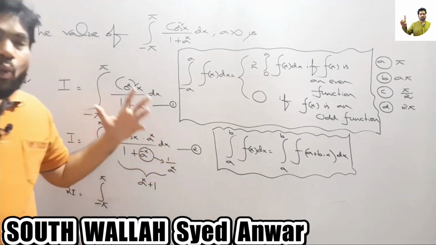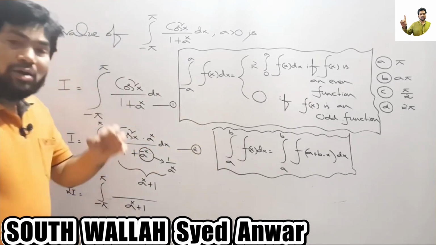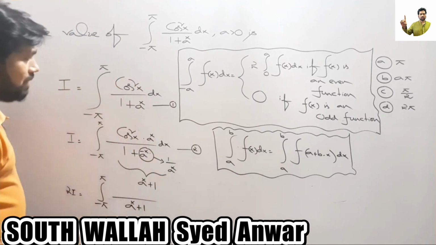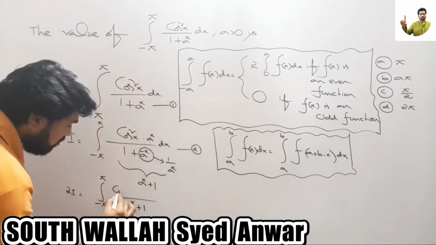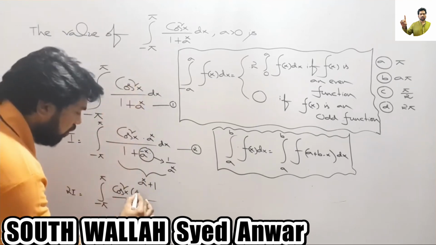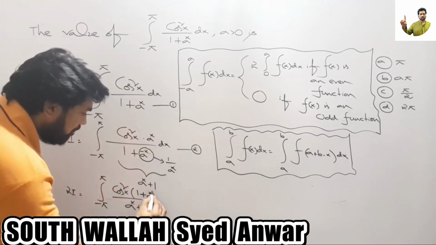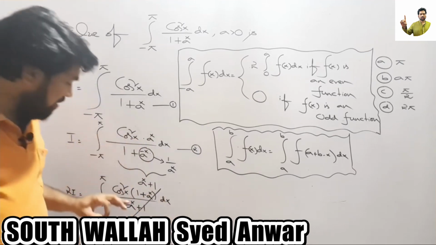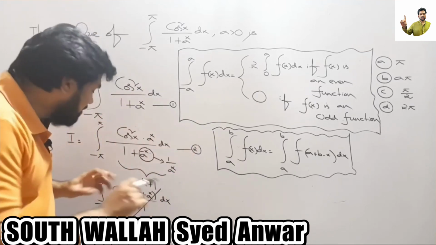While adding the right side parts, both denominators are the same, so I take the LCM, and the numerators are added. I take cos square x common, with coefficient 1 plus a power x, multiplied by dx. Then these two terms get cancelled. Finally, only the function cos square x is left.